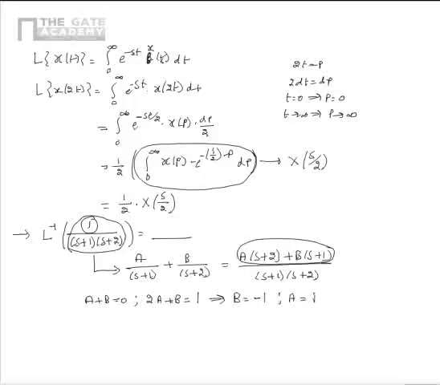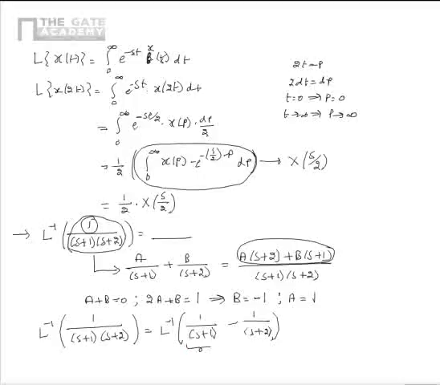From this, we can write that L inverse of 1 by s plus 1 into s plus 2 is equal to L inverse of 1 by s plus 1 minus 1 by s plus 2.